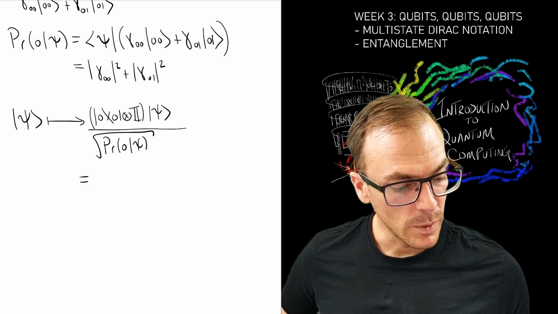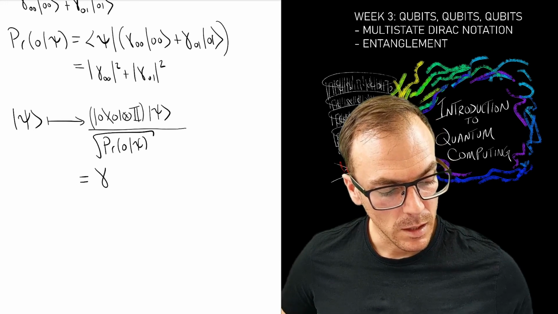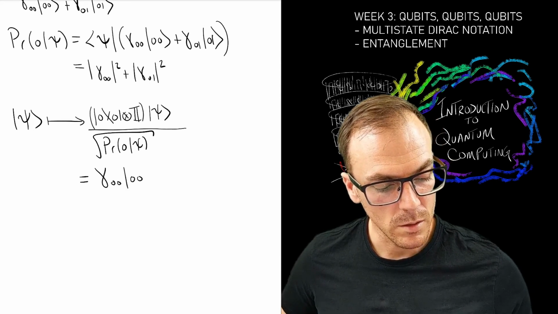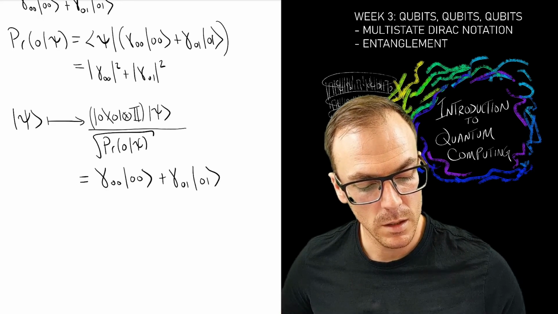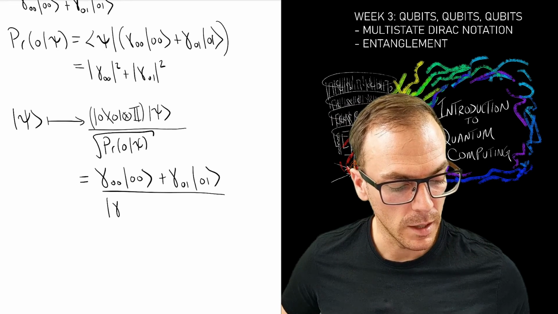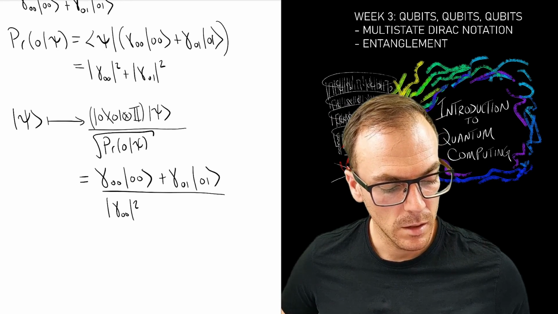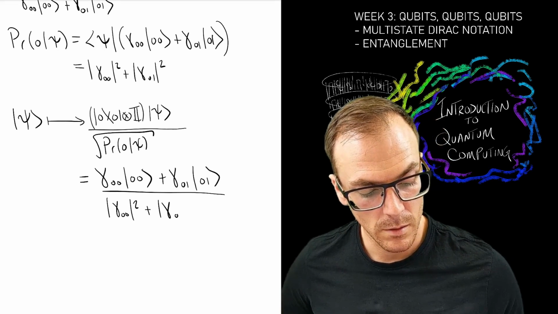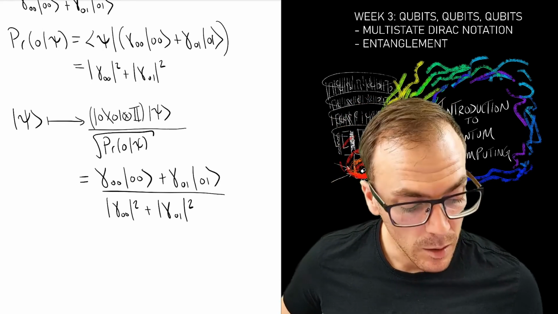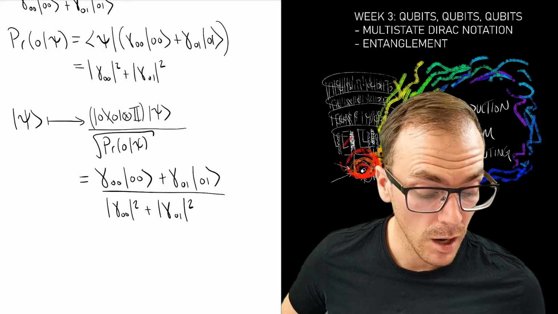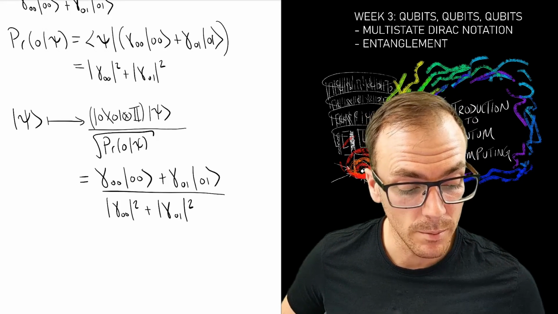So this thing becomes gamma 00 |00⟩ plus gamma 01 |01⟩ divided by the modulus squared of those two things. And that also we could have just guessed or derived because the thing on the top might not have been normalized.